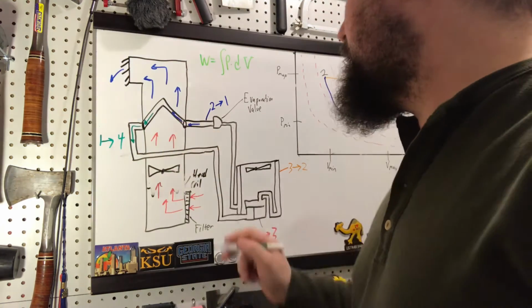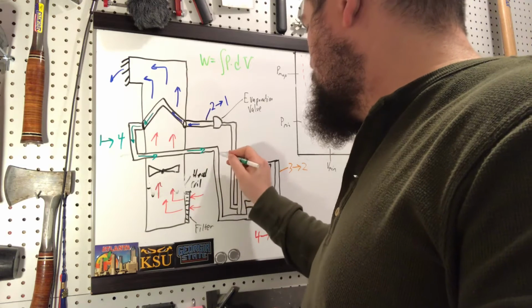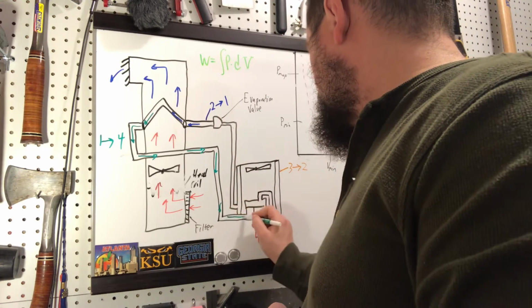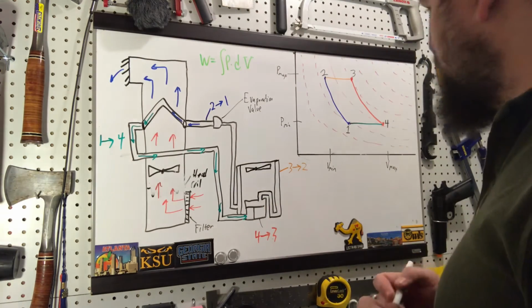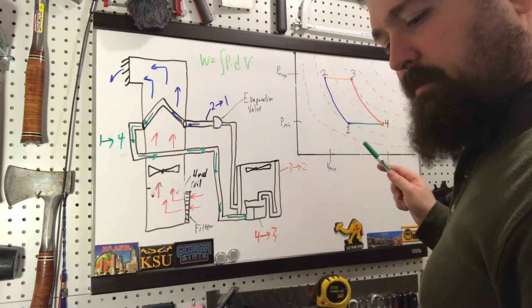It comes through here. It's going to go this way, this way, this way, this way, and this way into here. All right. So now I wrote this as 1 to 4.